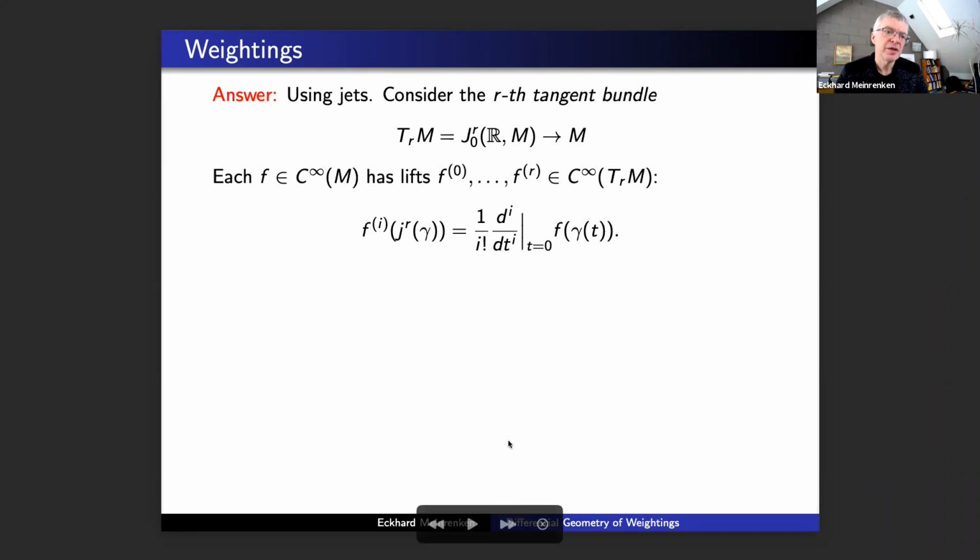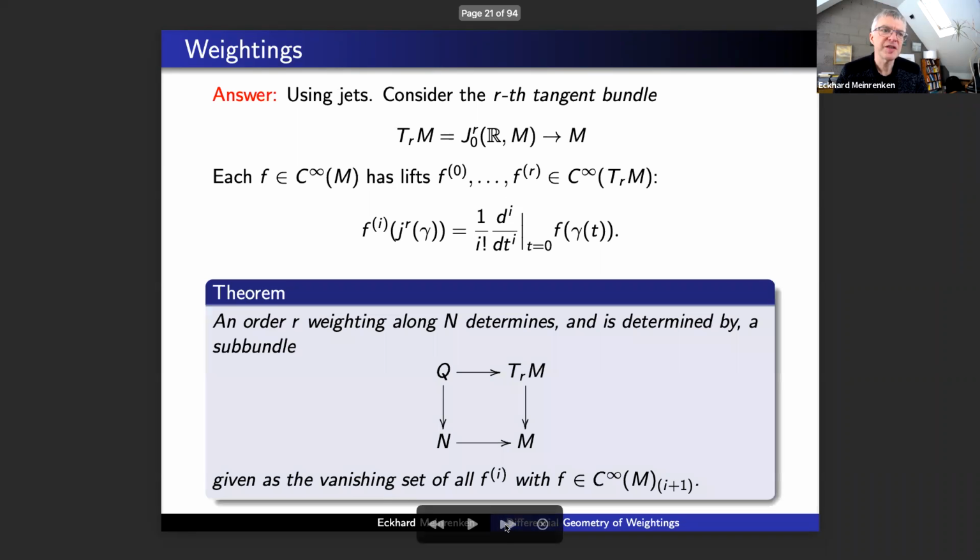So the first observation is the following. If you have an order r weighting along the submanifold, given by this filtration on the algebra of functions with weighted order of vanishing, this determines a subbundle of the rth tangent bundle along our submanifold. The way it's determined is you look at the functions of filtration degree i plus 1 and look at their ith lifts.